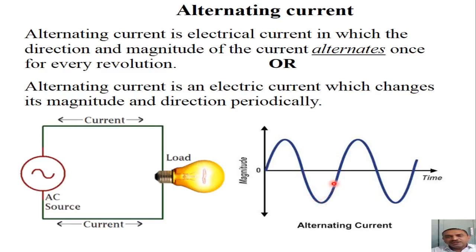Again it goes on decreasing negative value to 0, and it crosses again the time scale, that is the x-axis. So whatever I have just shown, from the origin to the positive magnitude to 0 to the negative peak and again attaining 0, is called the complete cycle of alternating current.